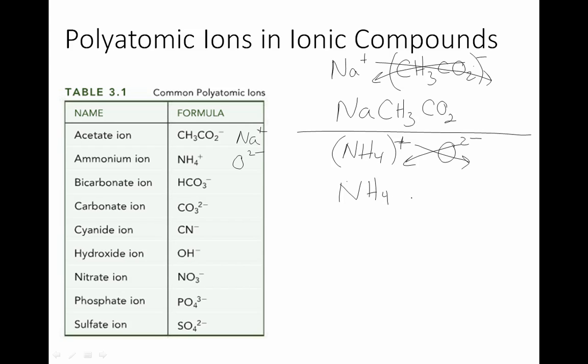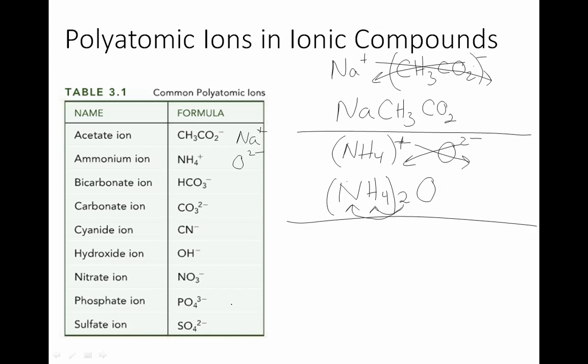NH4. Now this is where I normally will see an error: sometimes you'll just write it like right here. That doesn't make sense unless you put parentheses around it. So that would be your final answer: NH4 in parentheses, 2. That way the 2 carries over to both of them. So in this example you'd have 2 nitrogens, 8 hydrogens, and 1 oxygen.